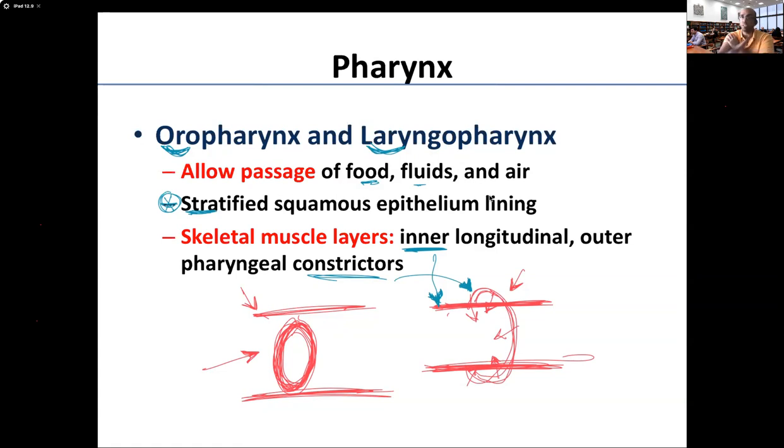Does it take you minutes or hours to swallow throughout the day? Yeah, maybe 2 to 5 minutes per day, right? So this is not enough time to disrupt the blood supply going to the circular muscle layer.